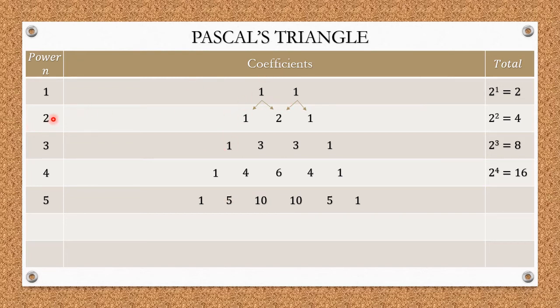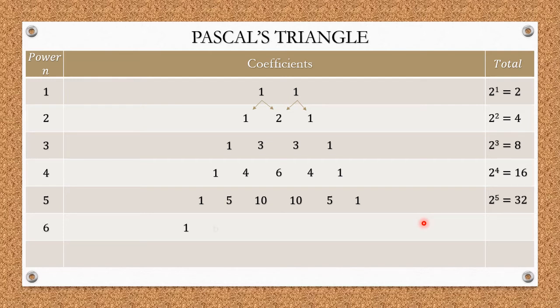When you had (a + b) square, you had 3 terms. Then (a + b) cube had 4 terms. So naturally (a + b) raised to 4 will have 5 terms. (a + b) raised to 5 will have 6 terms. The number of terms will keep increasing as you raise your power, and the total of all these coefficients will be 2 raised to 5, that is 32.